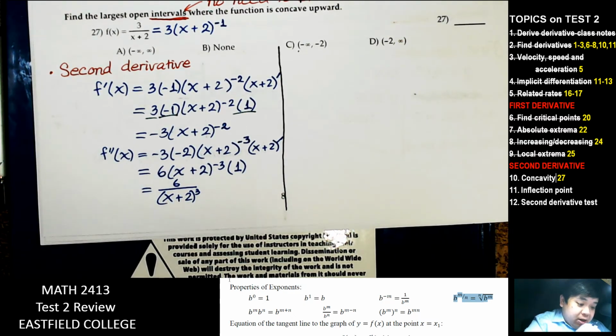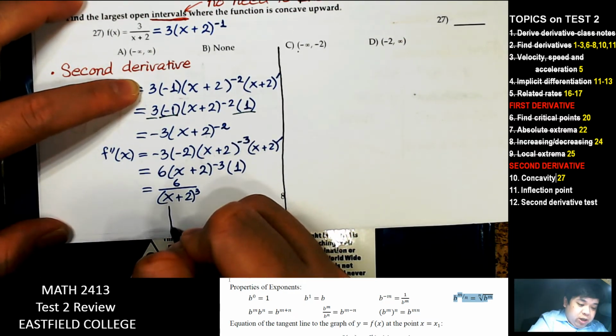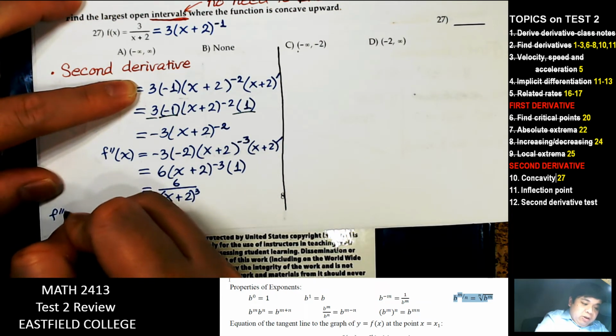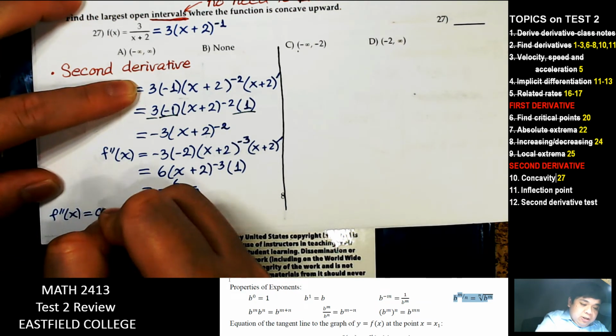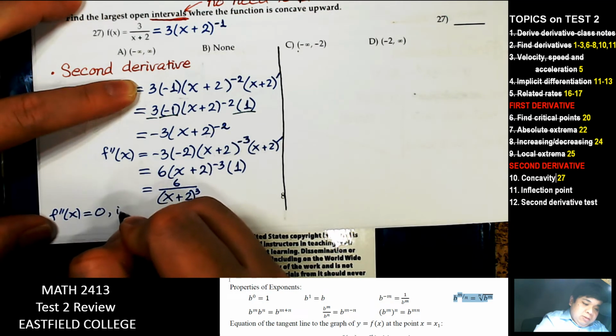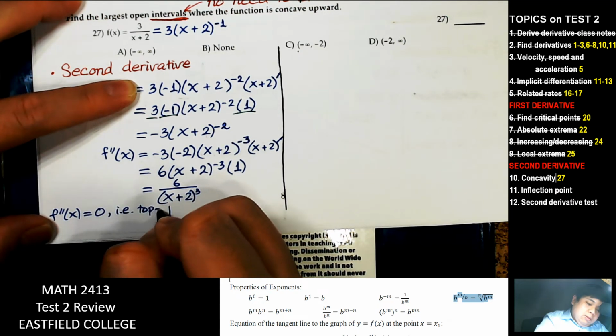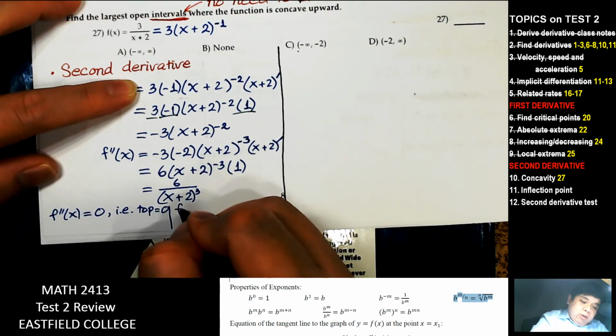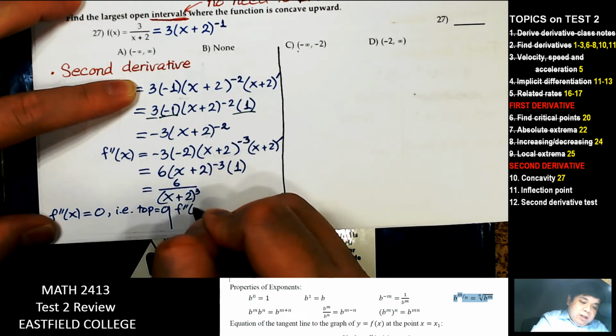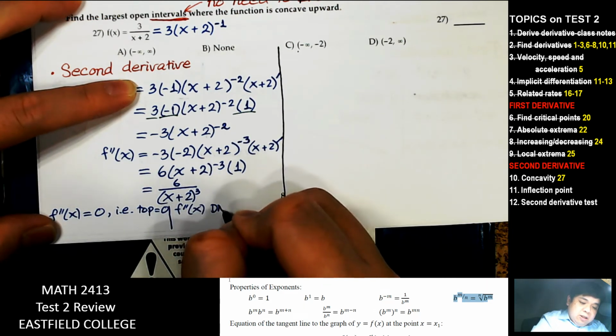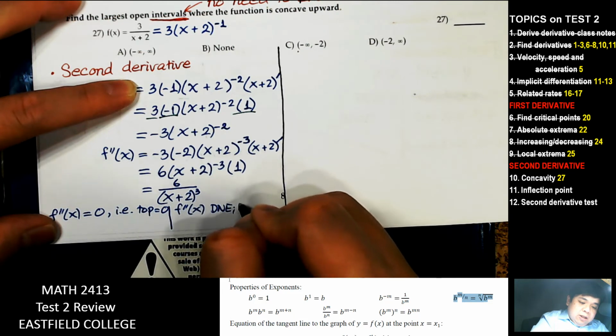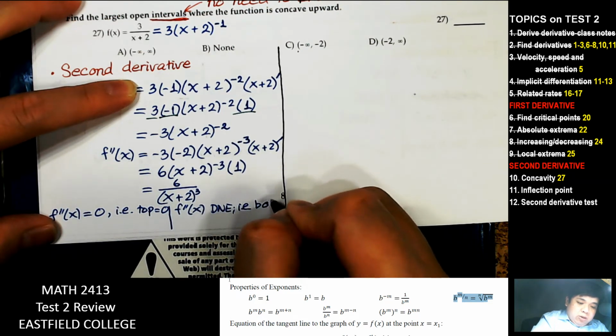Run out of space, but that's actually all the space we need. Second derivative equal to 0. Second derivative does not exist. That is the bottom equal to 0.